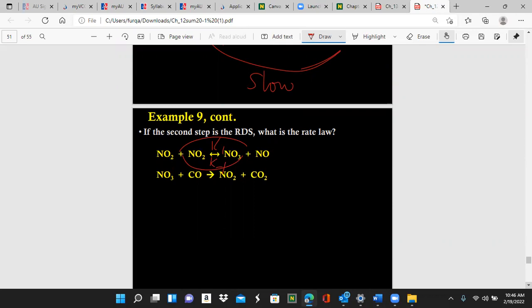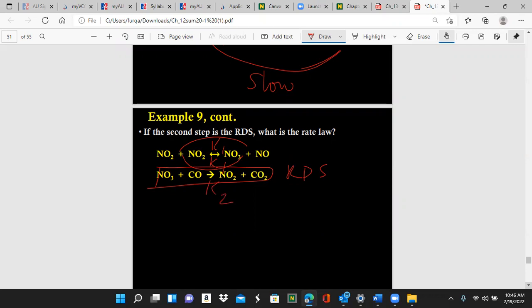And this is the third one we are talking about, the rate determining step, so we are mostly interested in this. When we write down the rate law for the rate determining step, we can call it K2. Okay, so K1, K inverse, and K2.